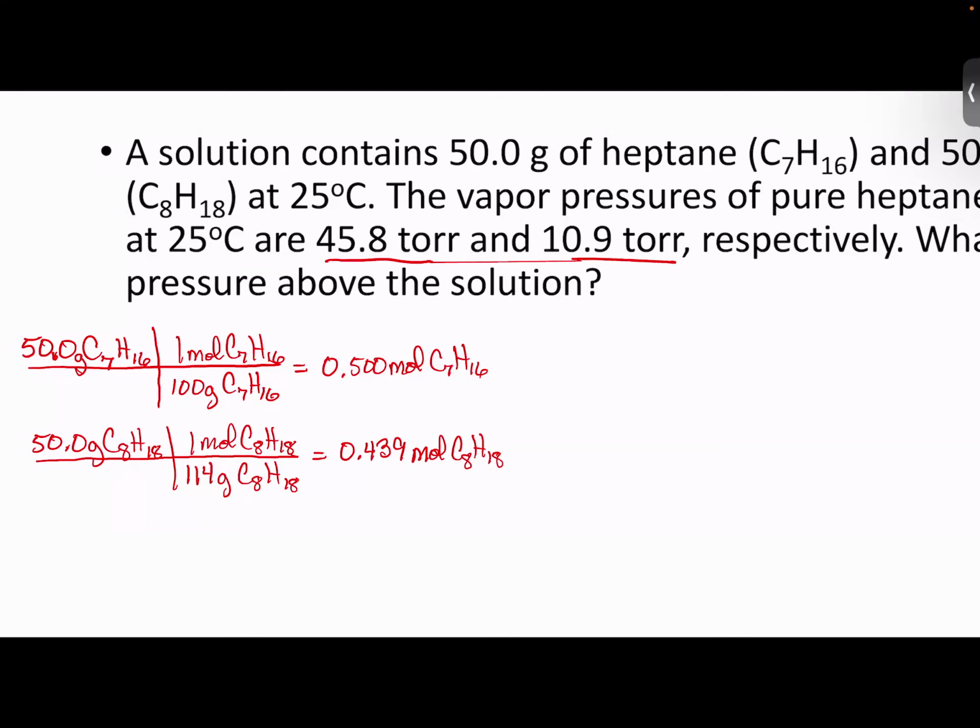Now I need the mole fraction of both of these. The mole fraction for C7H16 is going to equal the moles of C7H16, 0.500, divided by the moles of the solution, which is 0.500 plus 0.439.